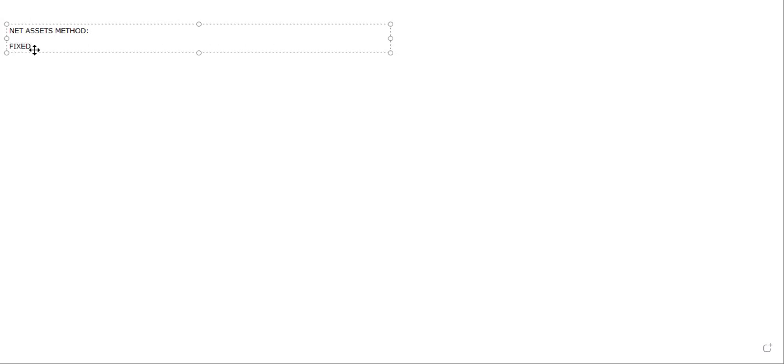Only in the debtors there is a working note. So fixed assets as it is, 2,50,000. Goodwill also, he said, has no change in value. So the goodwill value is 10,000, and we will take it like this.